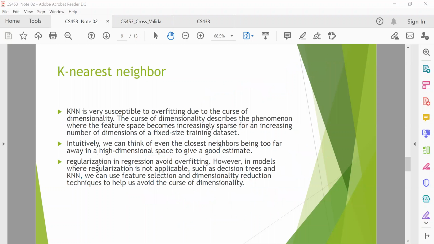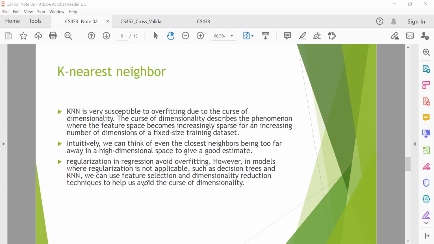Because when we discuss machine learning, it's not just about knowing the model. You also need to think about overfitting and underfitting. We call it parameter tuning, because a lot of the time the parameters also play an important role.